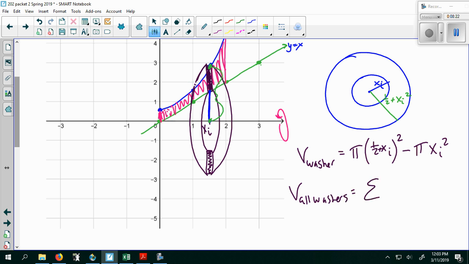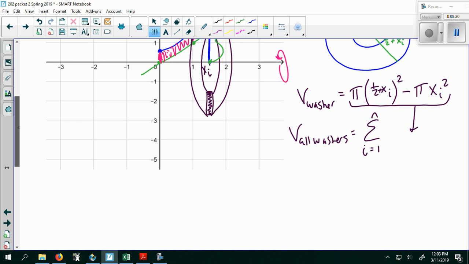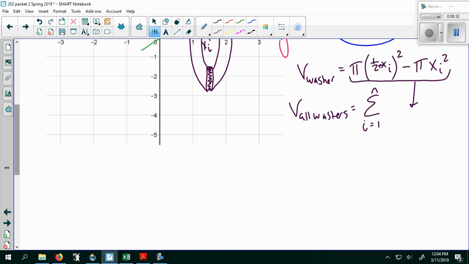So it's just the sum as i goes from 1 to n of this. And then my exact volume is the limit as n goes to infinity of my sum of this. And then that is the definition of an integral.